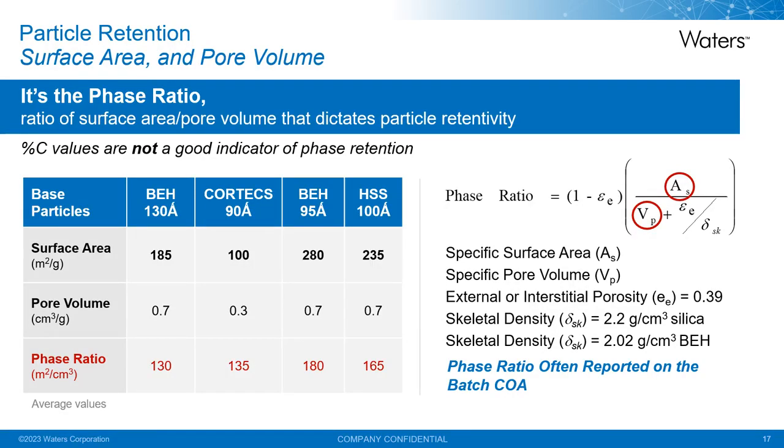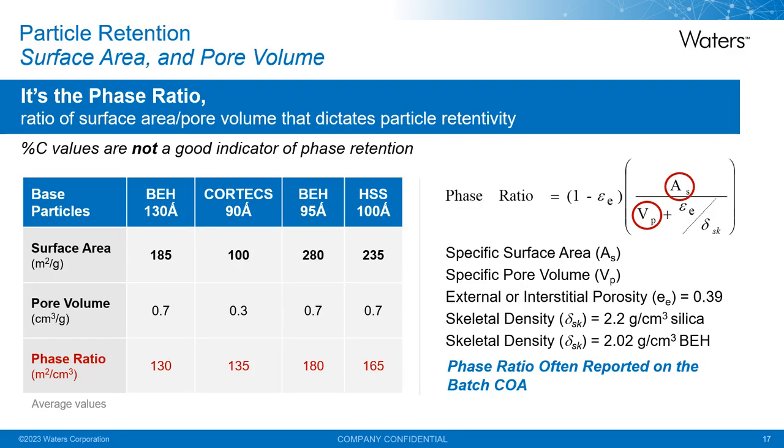I'm going to spend a little bit of time on this slide because it has a concept that's important to understand. The ratio of the surface area to the pore volume is called the phase ratio, and the phase ratio can be used to determine if one column is going to be more or less retentive when compared to another.